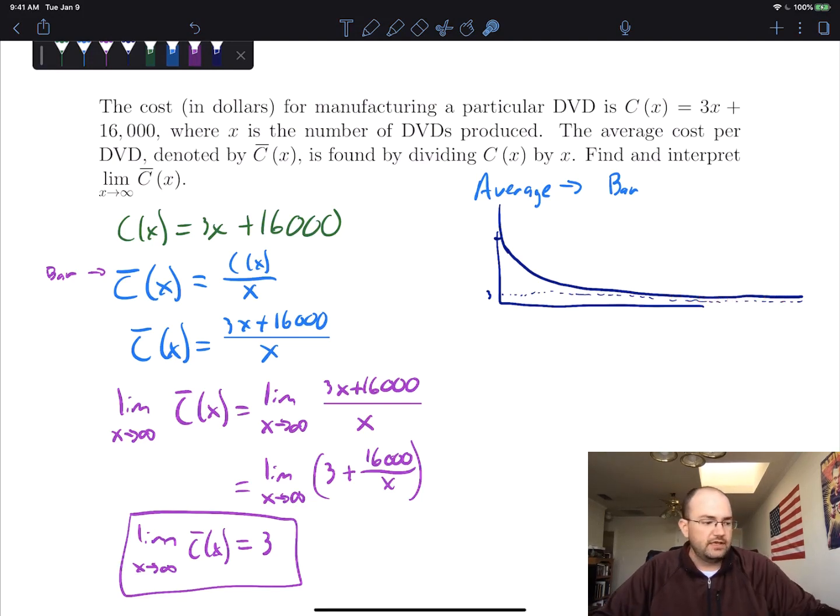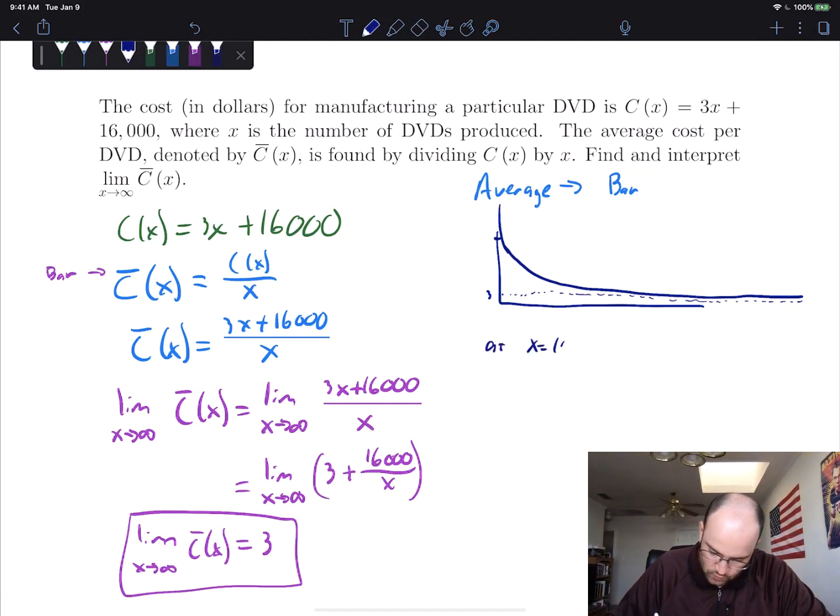In other words, if you produced 1,000,000 DVDs, think of it that way, 1,000,000 times 3 is what? 3 million, right? So 3 million plus the 16,000, so it's 3,016,000. So let's do it this way.